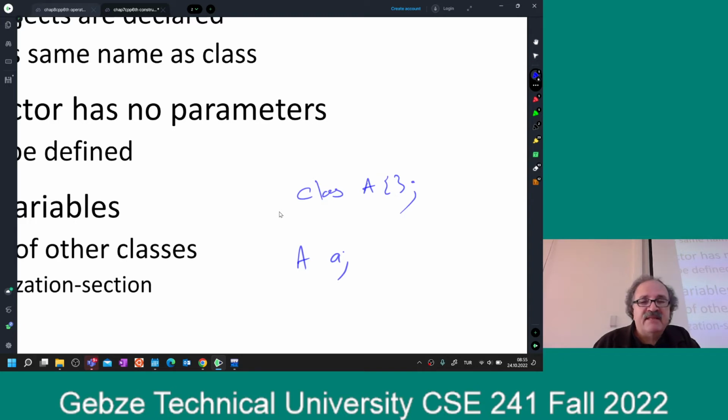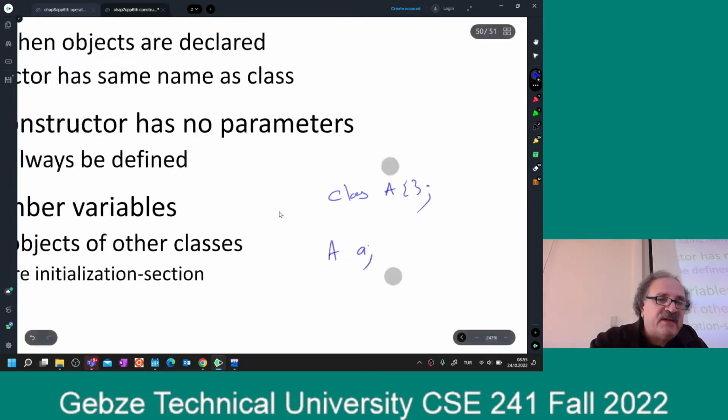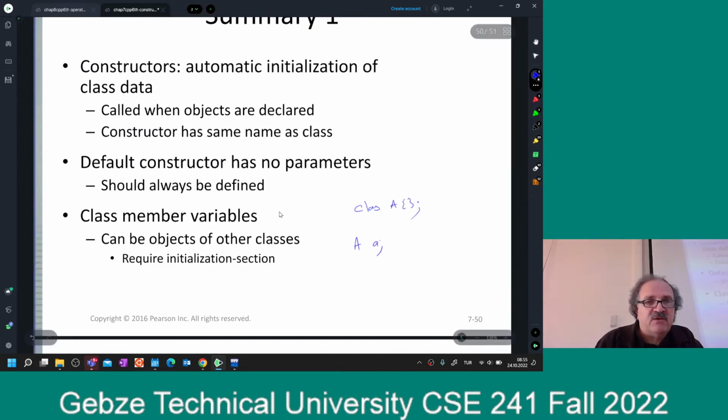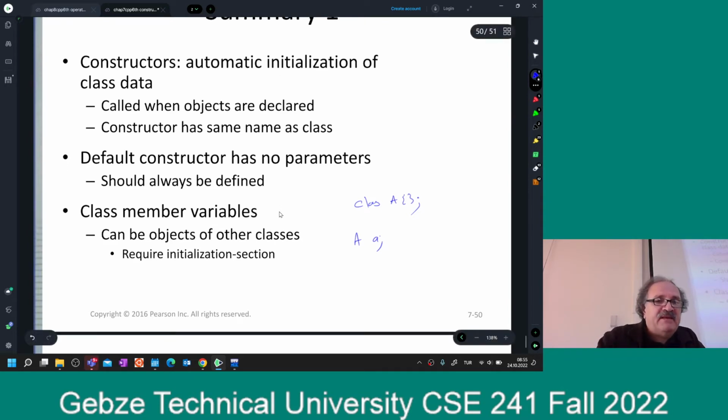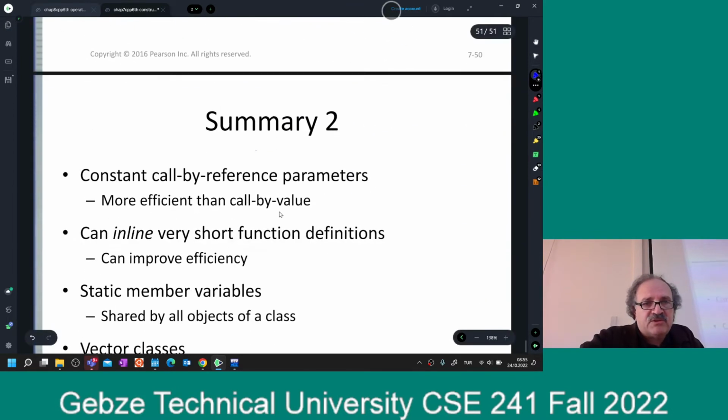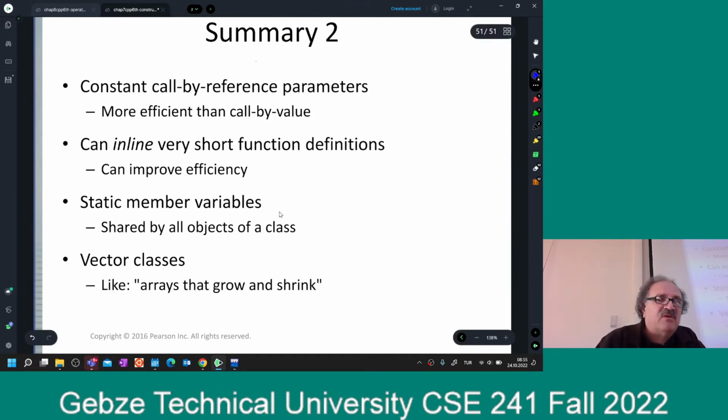This default constructor is defined if you don't define any constructors. And then we have class member variables, and we initialize them with our constructors. We talked about call by reference, const call by reference, etc. We talked about inline keyword and inline functions, and static data members and function members.